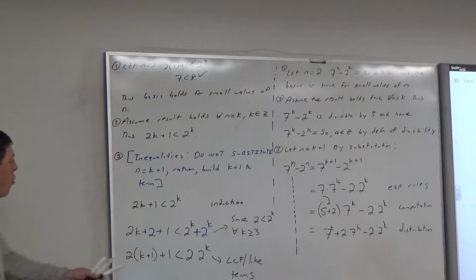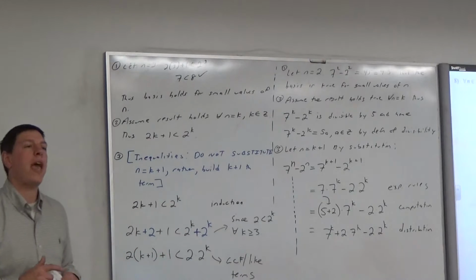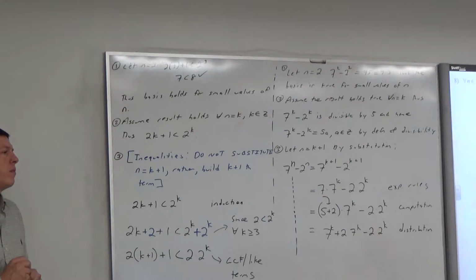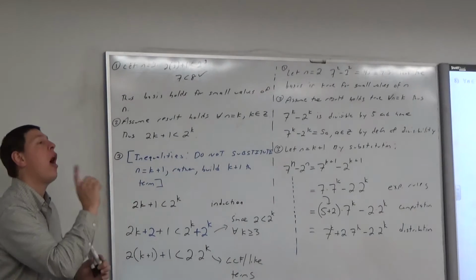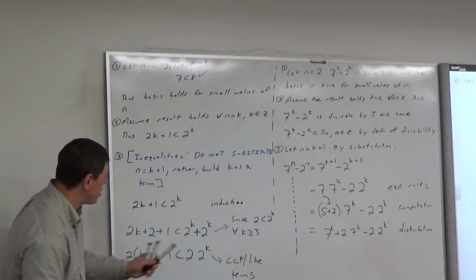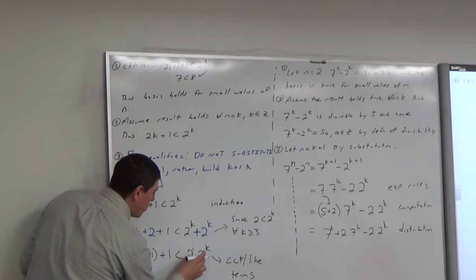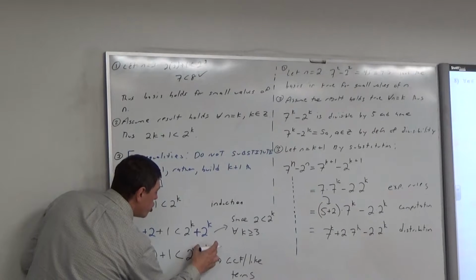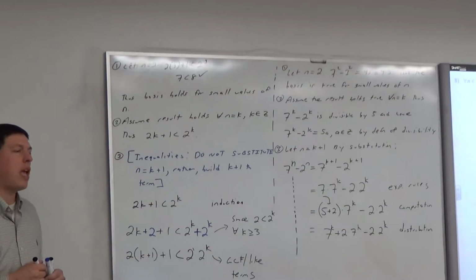Guys, what do we know about 2 times 2 to the k? What's another way to rewrite that? What's a way that'll help us to get to the k plus 1? Yeah, 2 to the power k plus 1. Guys, doesn't this 2 have an exponent of 1 attached to it? When you have like bases, couldn't you add the exponents together and just write that as k plus 1?